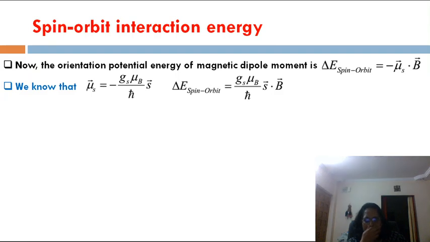Where, what is mu s? Mu s is g s mu B by h cross S. So substituting this value, we get the change in the orientation potential energy due to the magnetic dipole moment.